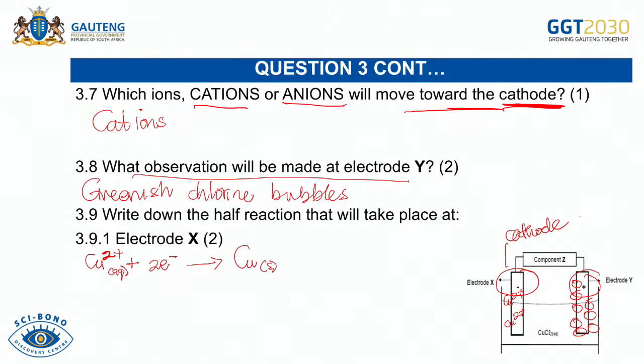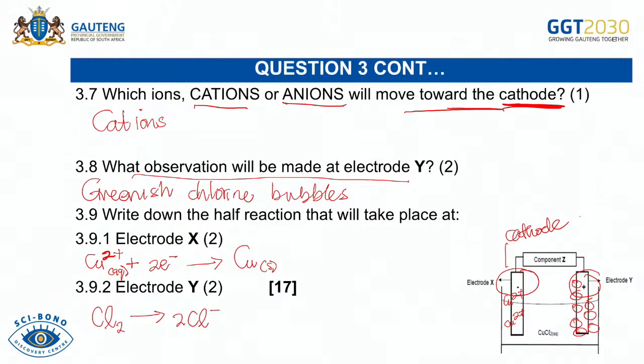What is it that will happen at electrode Y? At electrode Y, there will be a formation of gas bubbles. There will be a loss because it's an anode. So it has to be Cl2. 2Cl minus becomes Cl2 plus 2 electrons. Let's show the loss of electrons.